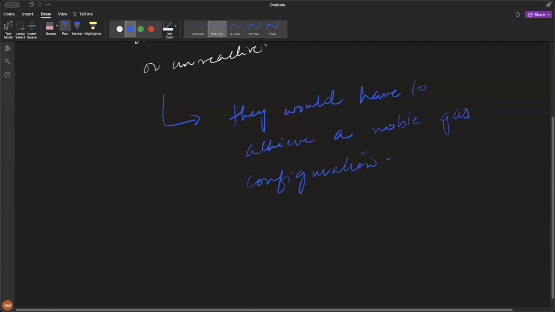Noble gas configuration can be explained in two ways: duplet and octet configuration.